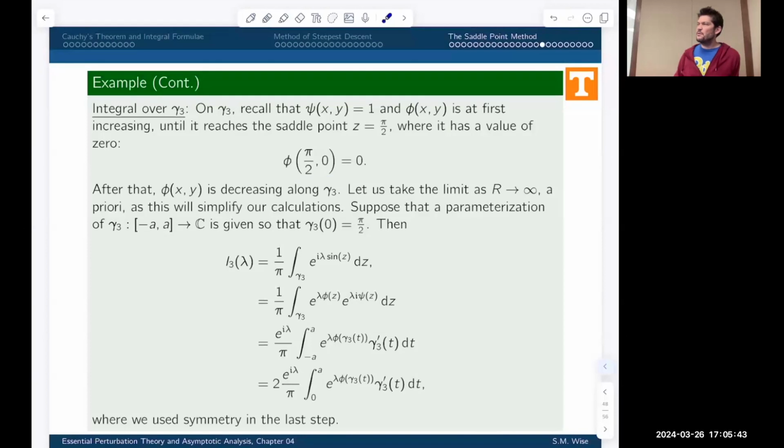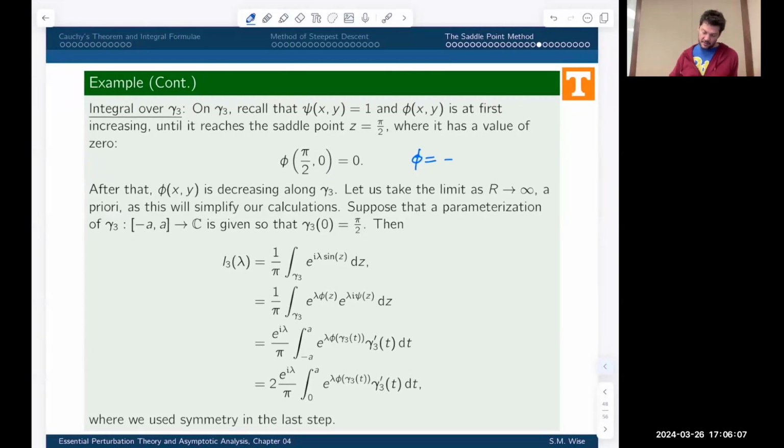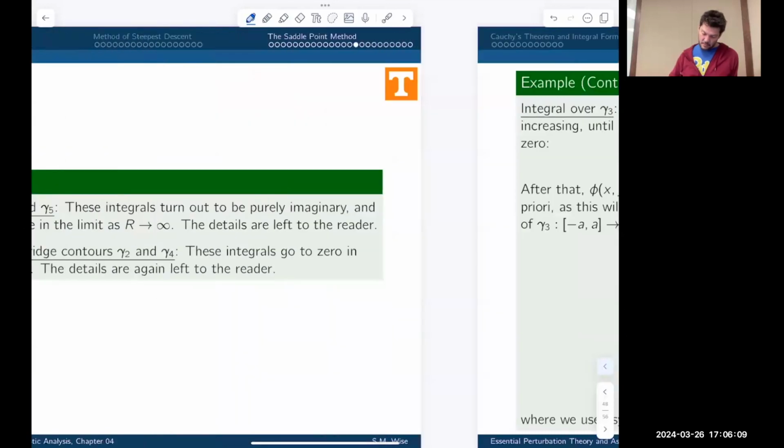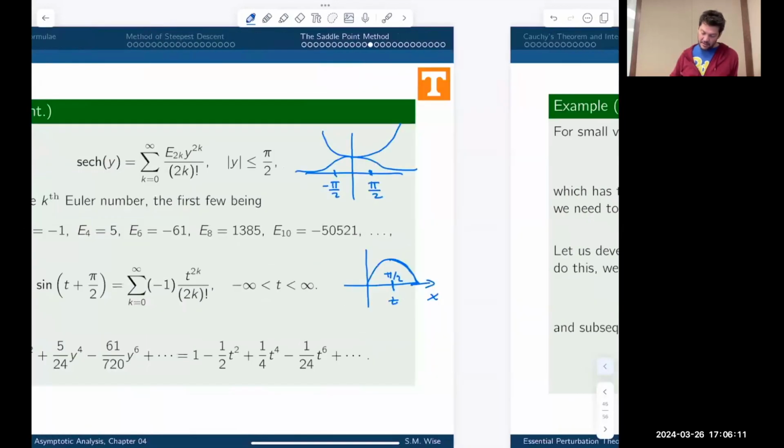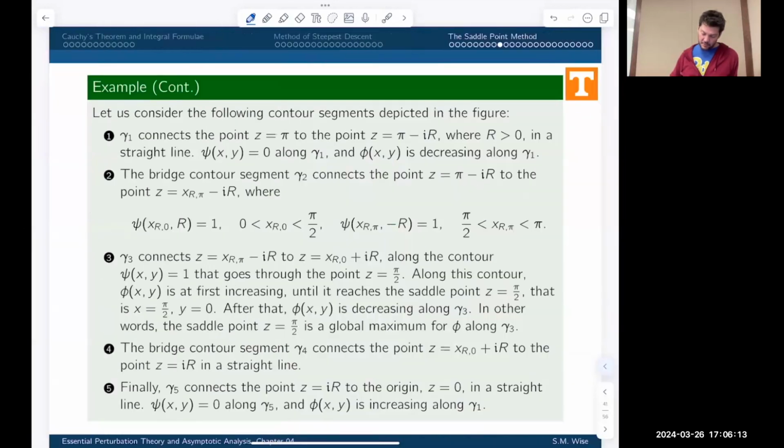Calvin, what did you say the value you thought of phi was? 1, I think. You think it should be 1? Yeah. Wait a minute. Well, let's see. So phi was equal to minus, what was phi? If I say what it is, it'll be wrong, so I better go look.